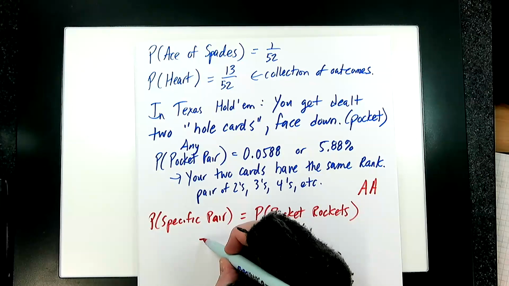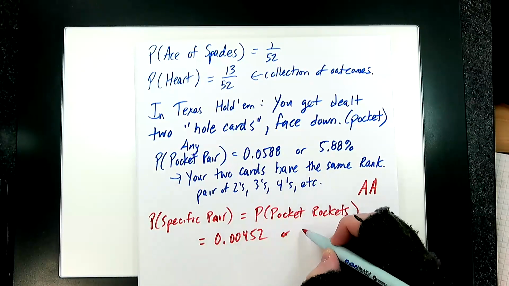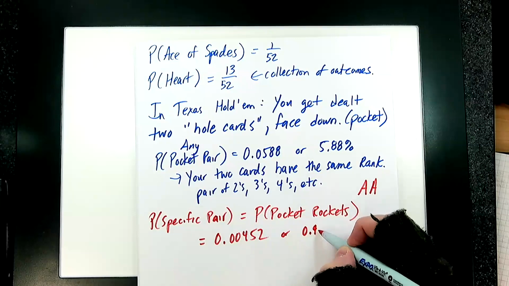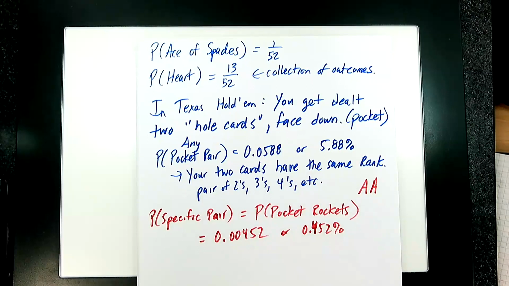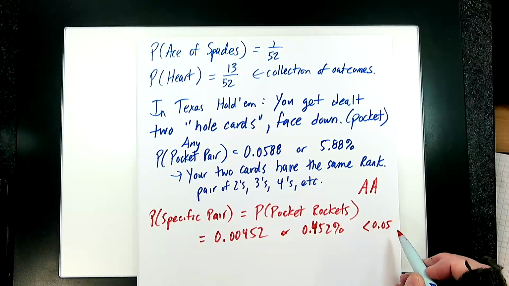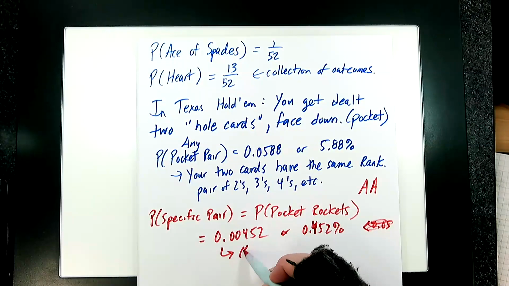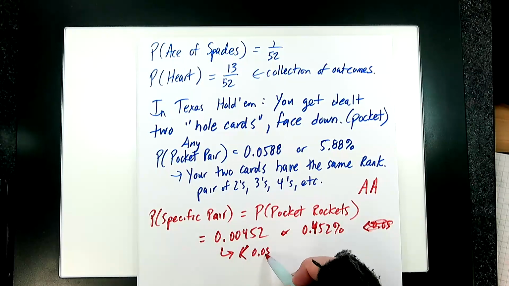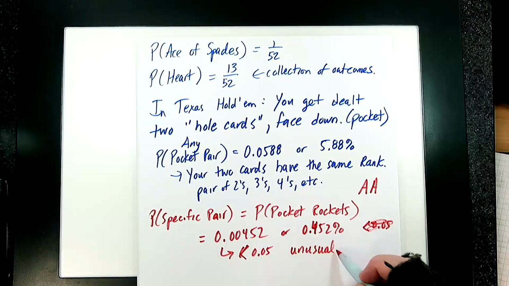Getting this is 0.00452 or 0.452%. This is less than 0.05, which makes this an unusual event, just to reinforce that unusual event idea.